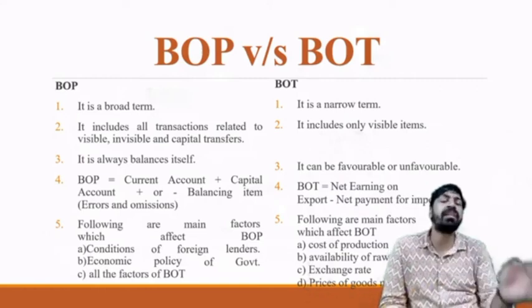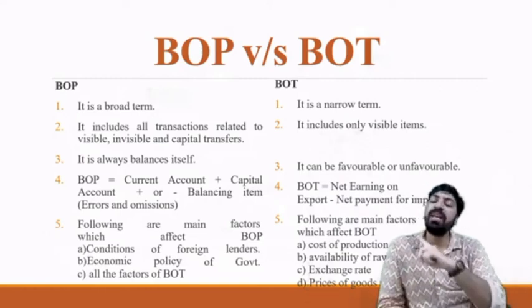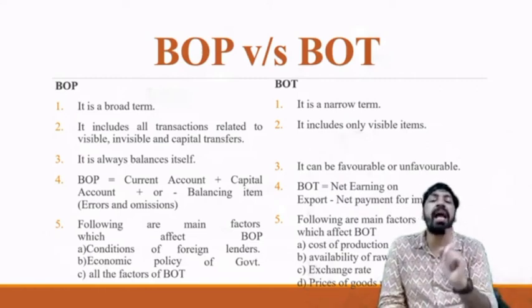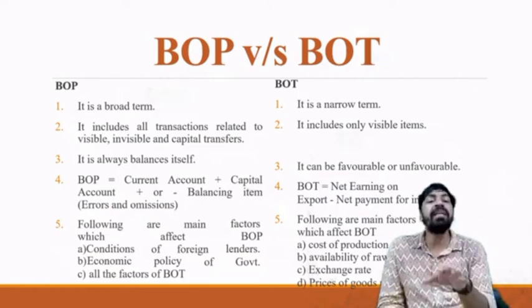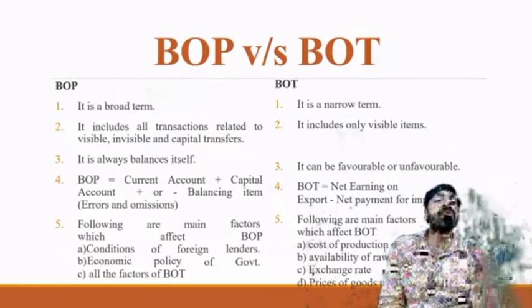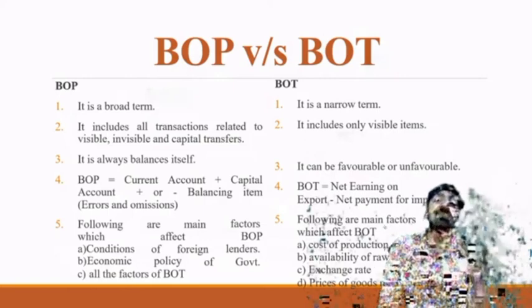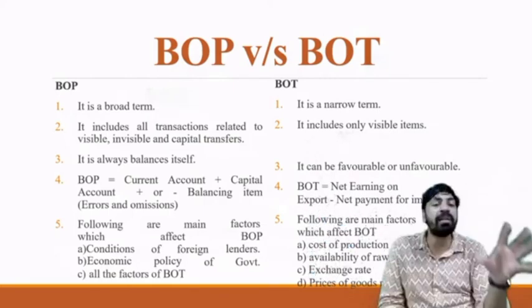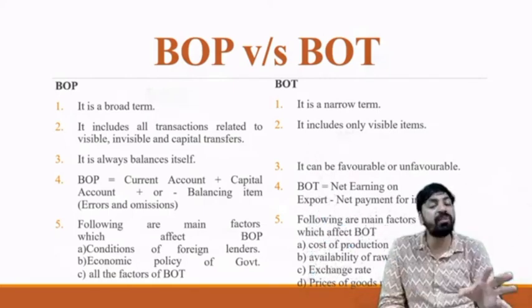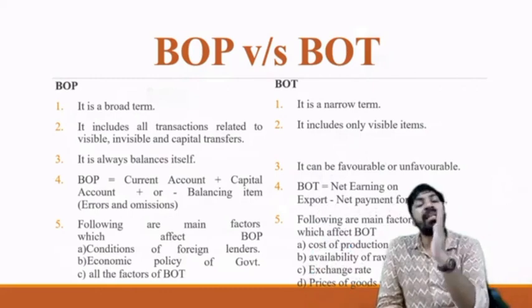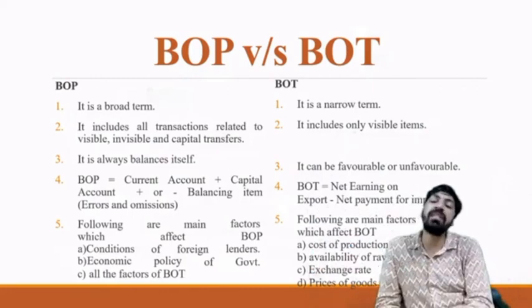Whatever factors affect the balance of trade will ultimately influence the balance of payment, because import and export items are also included in it. The balance of payment is a very broad concept which includes all three types of items, but ultimately the balance of trade and visible items.